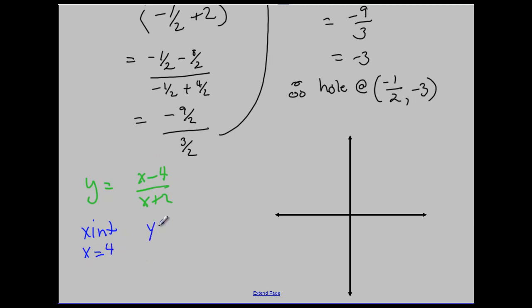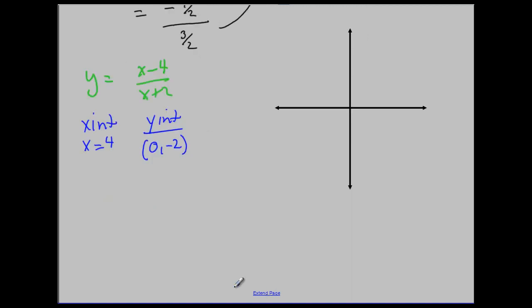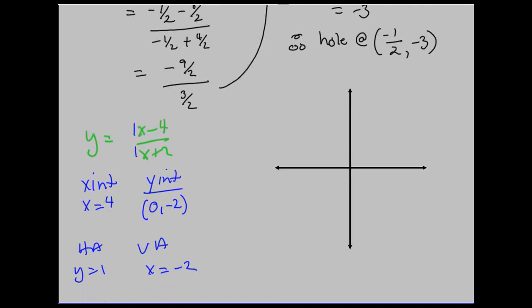The y-intercept, which is -4 divided by 2, which is 0 and -2. The horizontal asymptote, which is 1 divided by 1, which is y equals 1, and the vertical asymptote, which is x is equal to -2.